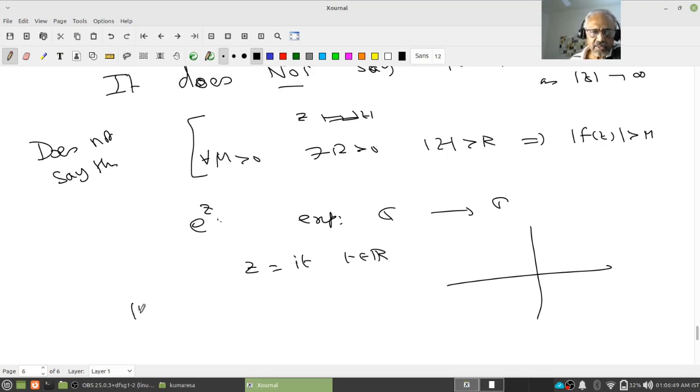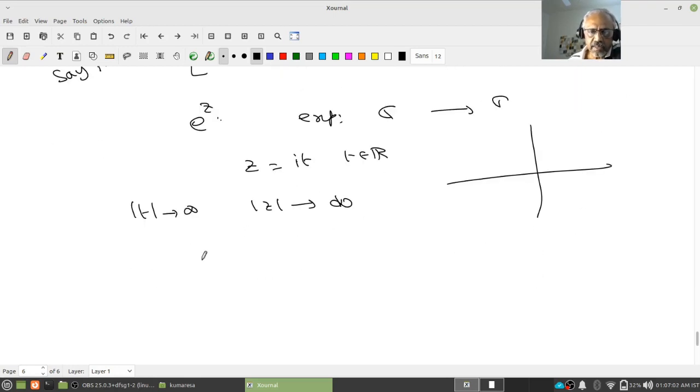Right. Now as mod z goes to infinity, what does it mean? That is, mod z goes to infinity, right? Z equal to it. But what is the function e power z, which is e power it? The modulus of this is always 1.